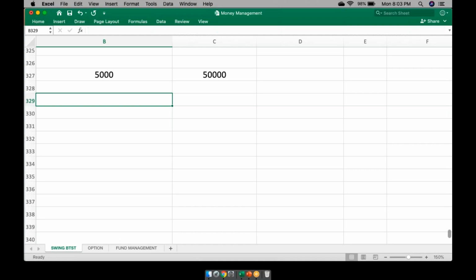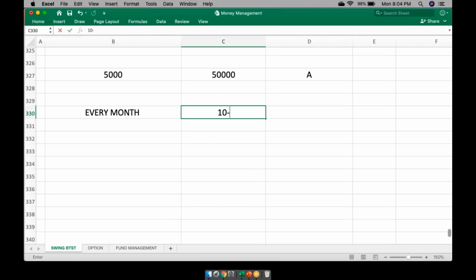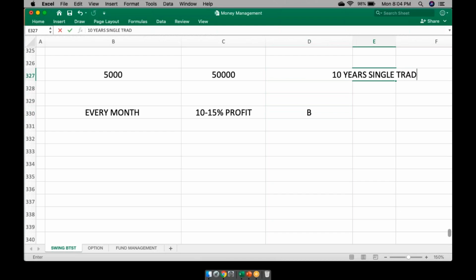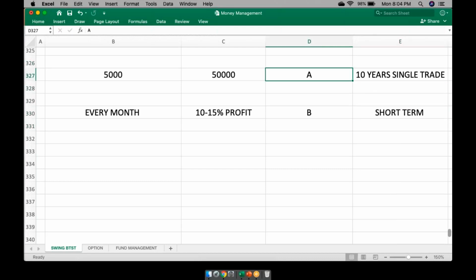Next, identifying this kind of stocks is easy, or... So which is better, A or B? B is better.